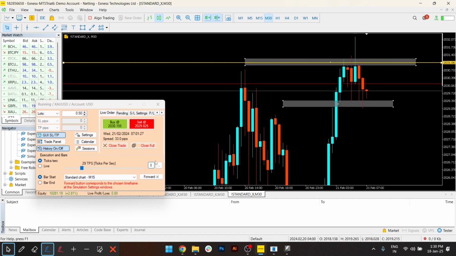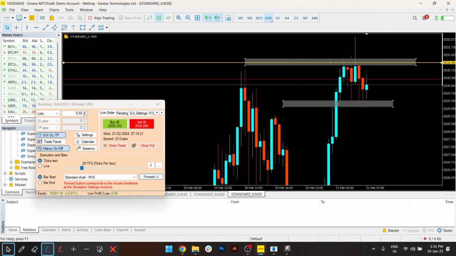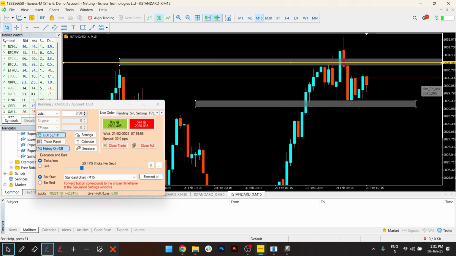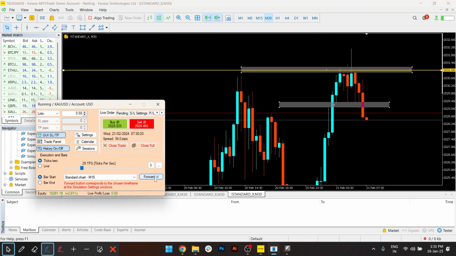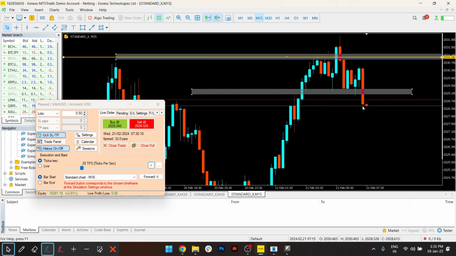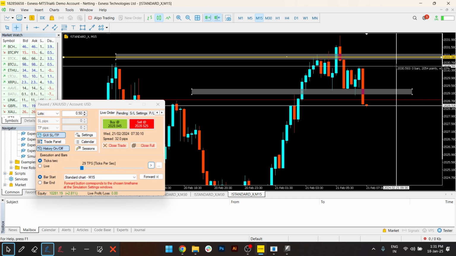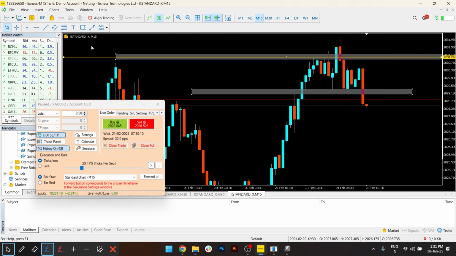We close, we are breaking. So 15-minute, yeah, it closed bullish. We are just consolidating at the moment. Okay, so we close below this. On the 15-minute time frame, I can't take a sell because we have another support down here.